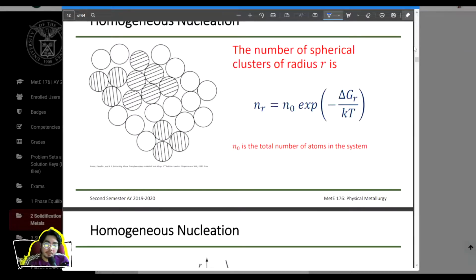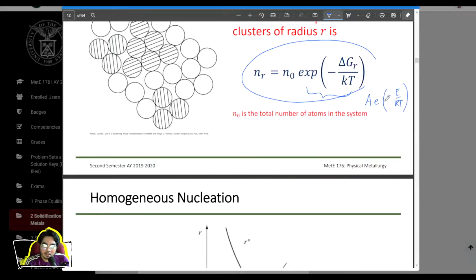So this is just saying kung ano yung probability that you will encounter a cluster of a particular radius, no? So this is a probability function, and this type of equation is known as an Arrhenius type equation, no? Anytime you see something like A raised to the negative energy over RT, yung mga ganyan, that's an Arrhenius type equation, no?